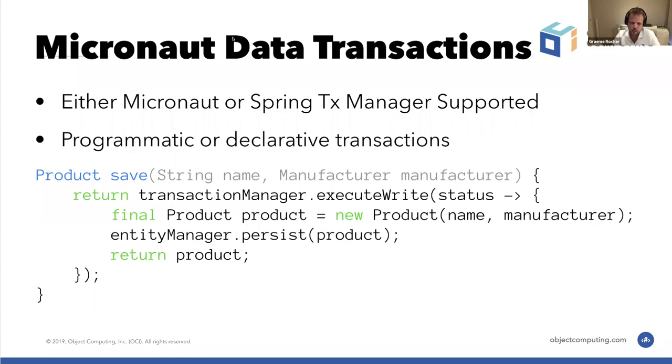This example here is using JPA, but you can equally use Micronaut Data JDBC transactions and so forth. It's essentially a matter of injecting the transaction manager and calling execute write for a write transaction or execute read for a read transaction. And within that context, it will perform a programmatic transaction.